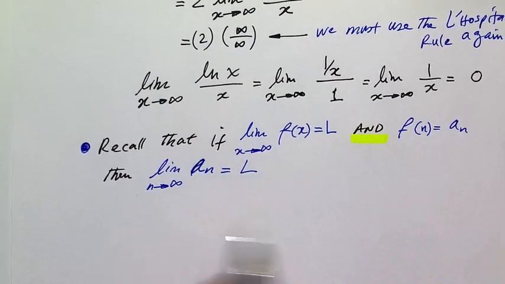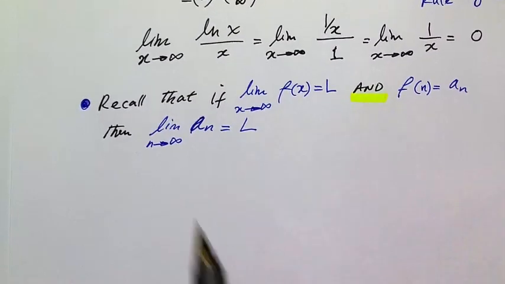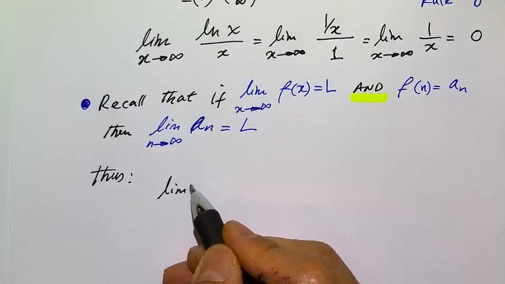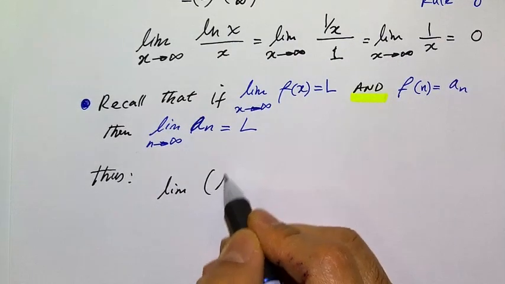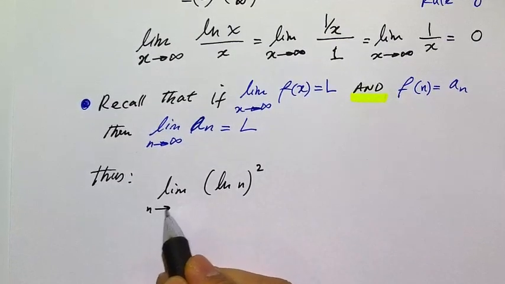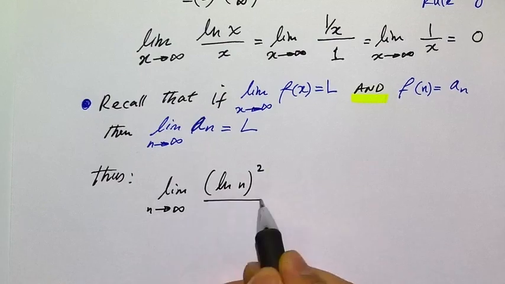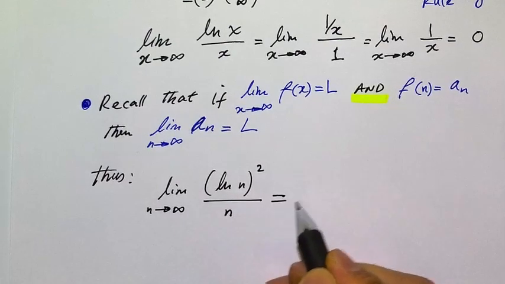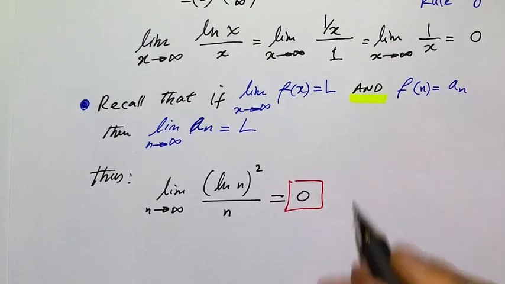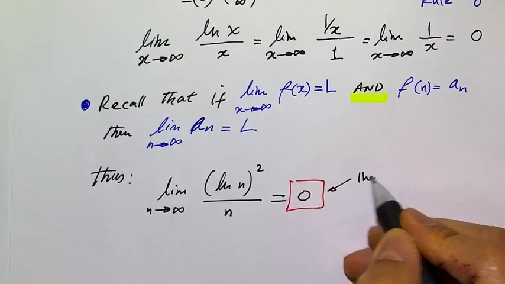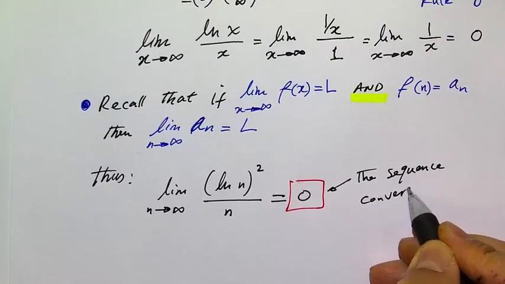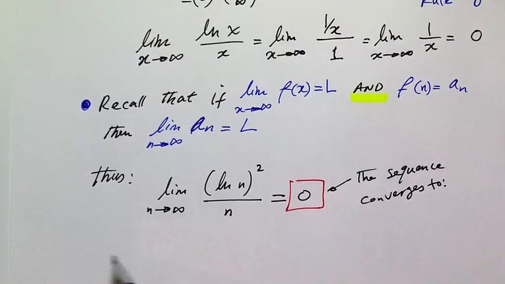And so thus, the limit of the natural log of n squared divided by n as n goes to infinity also equals 0. Converges to that value.